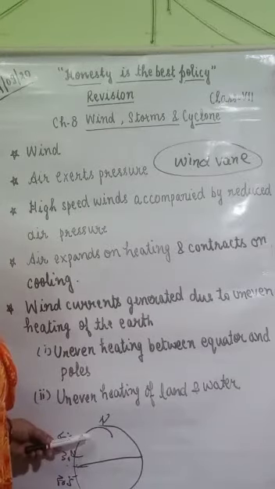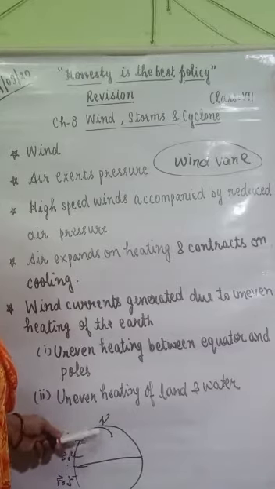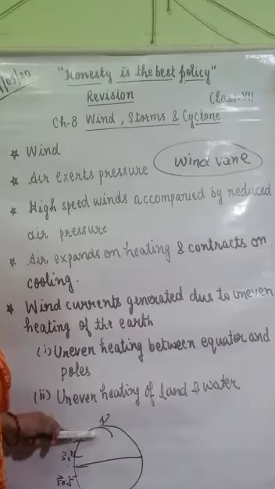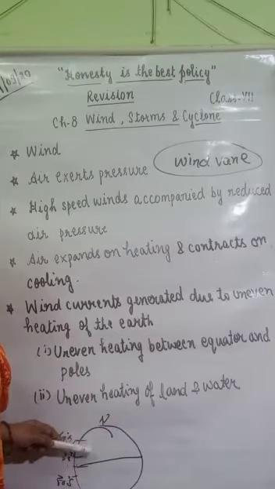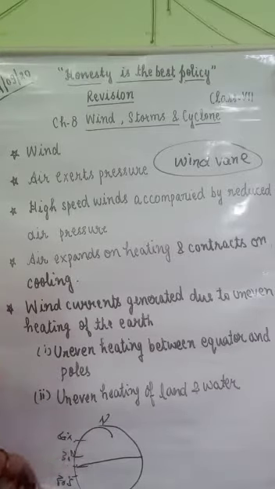The warm air at these latitudes rises up, and cold wind from the polar region rushes in to take its place. In this way, wind circulation is set up from the poles to the warmer latitudes, and the change in direction of wind is caused by the rotation of the earth.